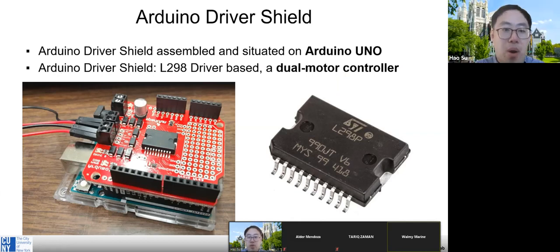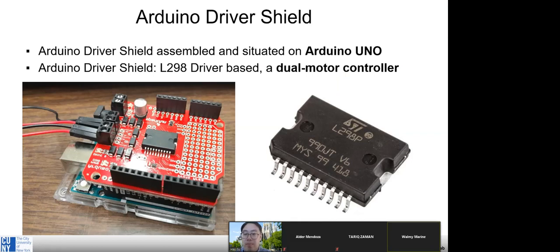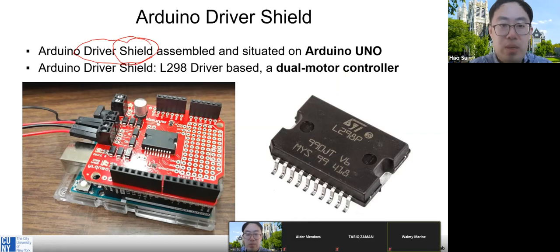So the most important thing, I think, is first you need to know what's called a shield. It's called a motor driver shield. It's one type of shield that basically breaks out the pins from this motor driver.